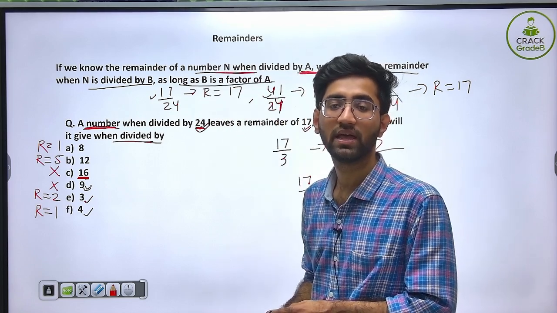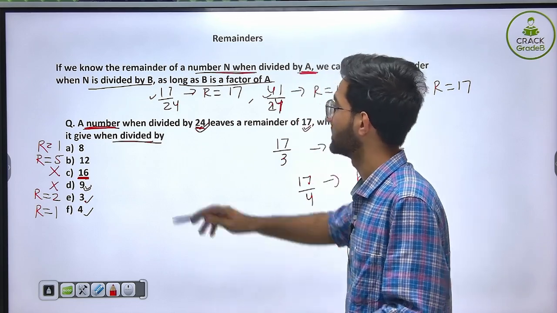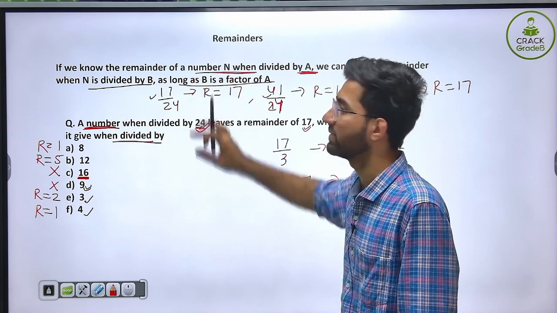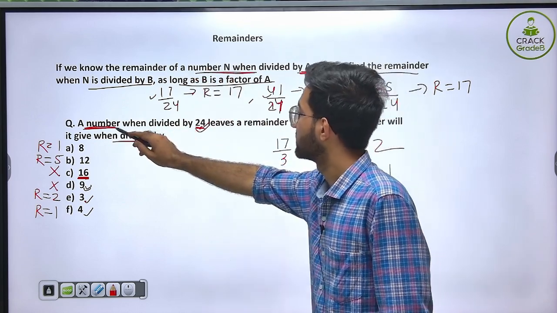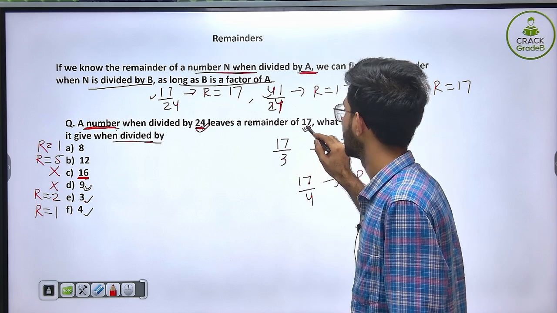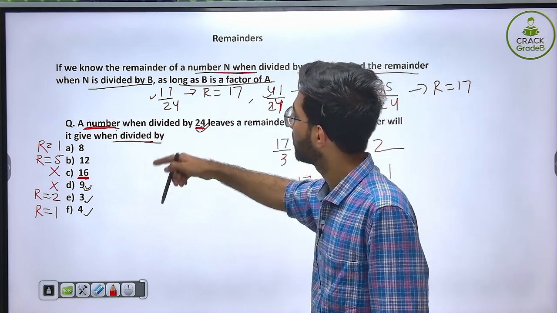Now correlate this question with this statement. You know that if a number is divided by 24, it gives a remainder of 17. Now you can answer for all of those numbers.